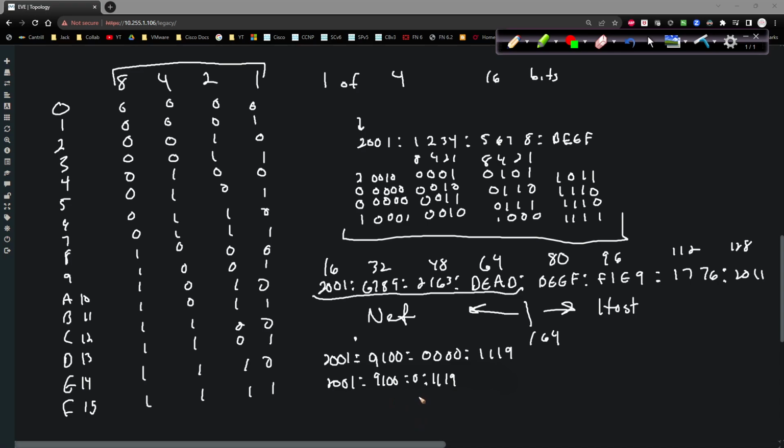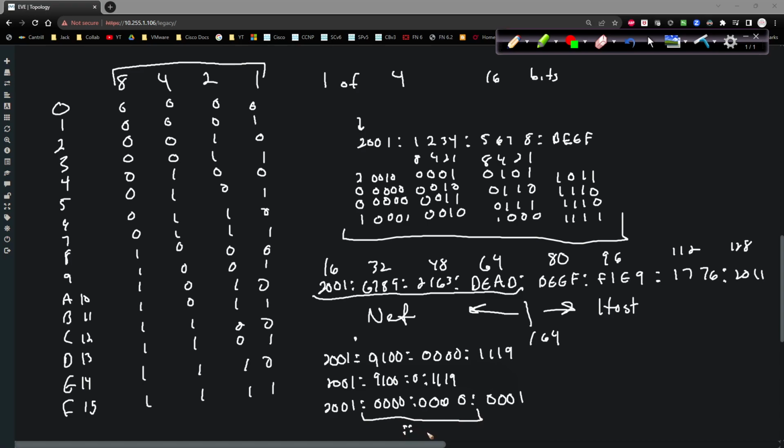Now, if your IPv6 address is basically 2001 colon 0000 colon 0000 colon 0001, what you could do is shorten this portion of it right here down to colon colon.